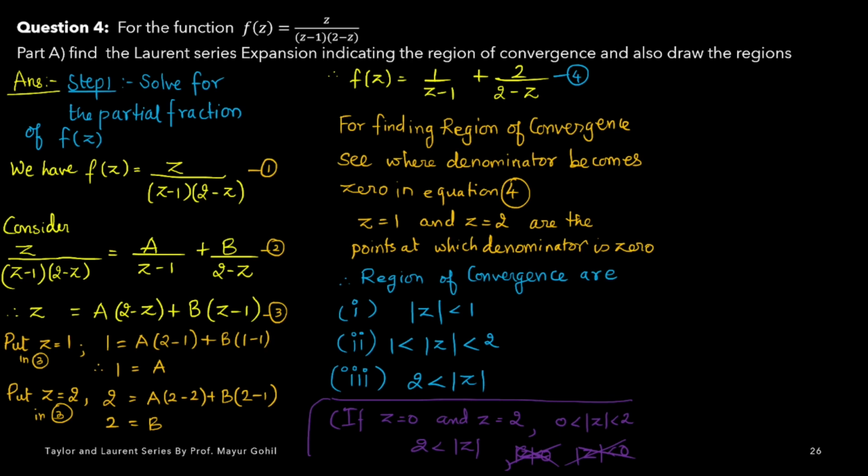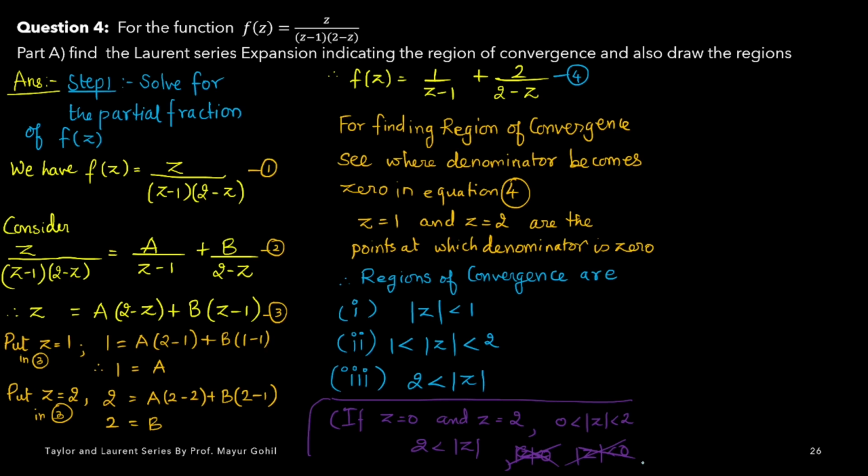So if one of the values is 0, you will have only two regions. But if both values are non-zero, you will have three regions of convergence. So the regions of convergence are these three.